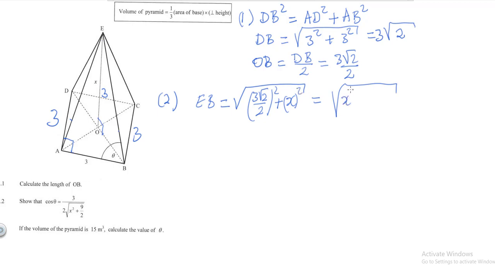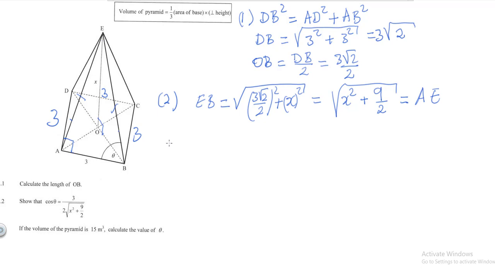So we can arrange it like x squared, and here will give us 9 over 2. Can you see that? So this side and this side are equal. So this is also equal to AE.